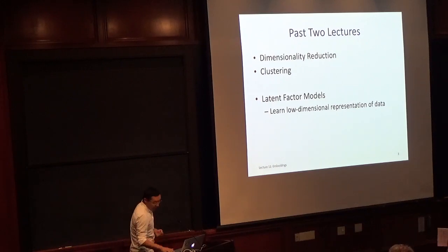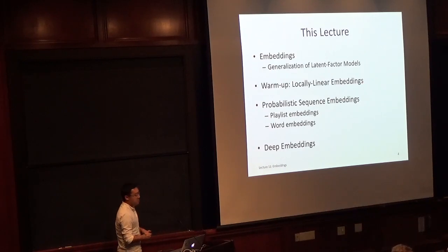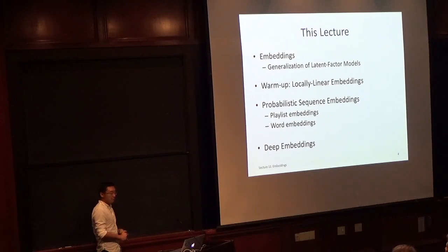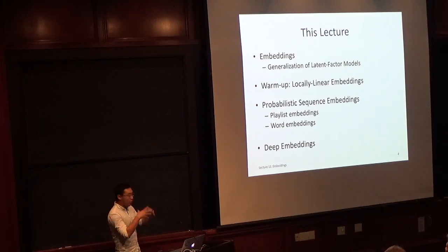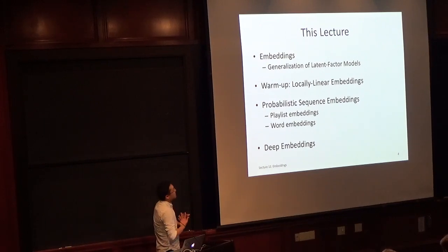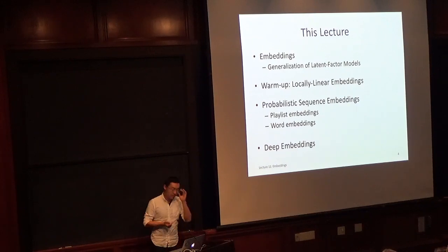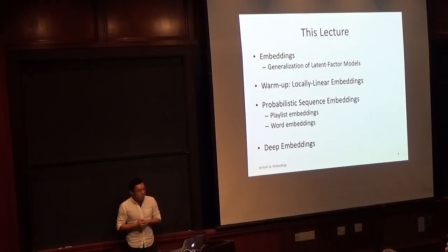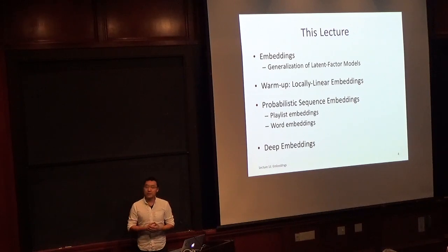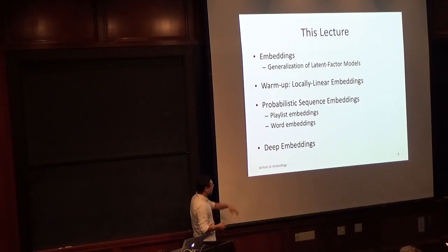In this lecture, we're going to talk about embeddings, which are arguably the most widely used form of unsupervised learning, or representation learning approaches today, particularly those that rely on deep embeddings, which we'll talk about very briefly at the end.